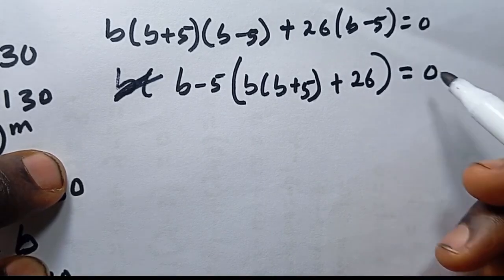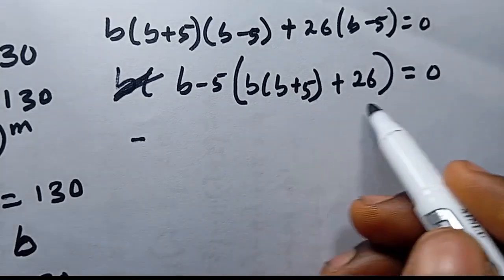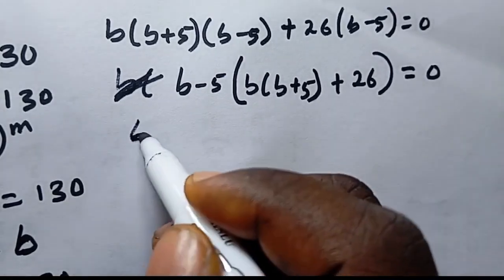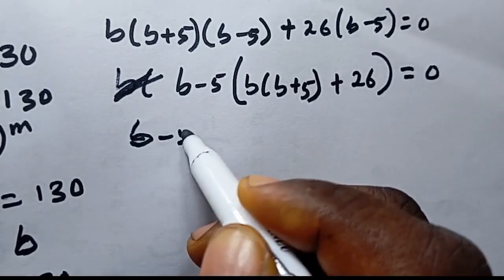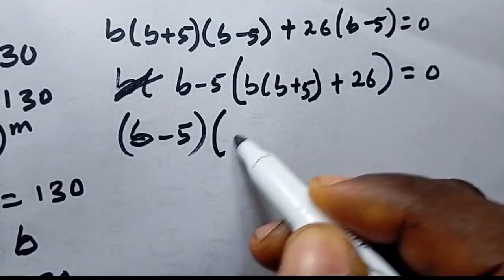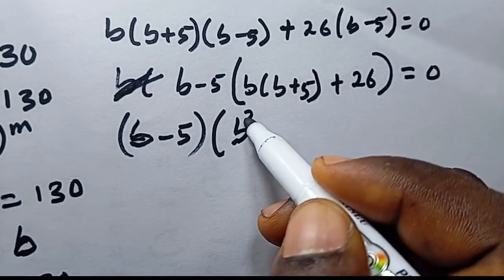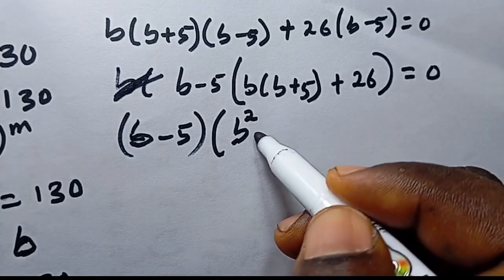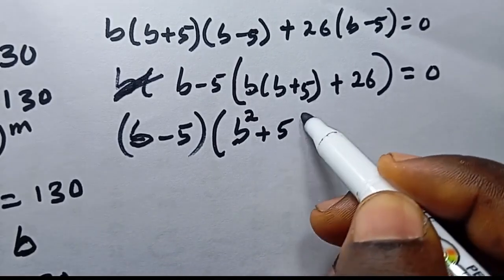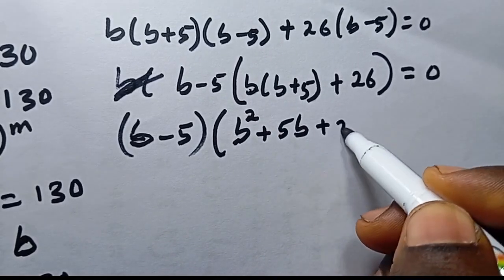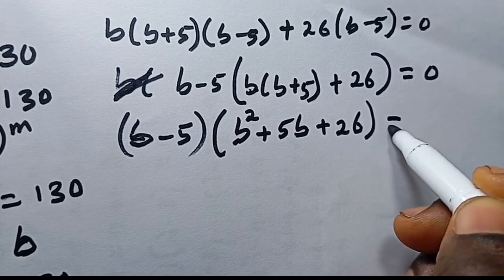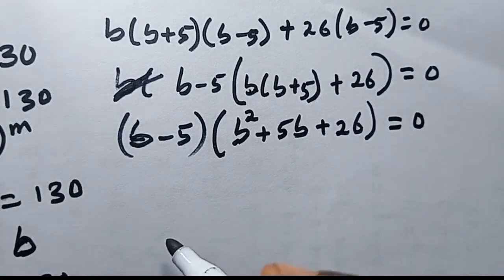And this is equal to 0. So if I simplify this stuff inside the bracket, what I'm going to be having is (b - 5) times, b multiplied by b is b^2, and then b times 5 is 5b, and then plus 26, and this is equal to 0.